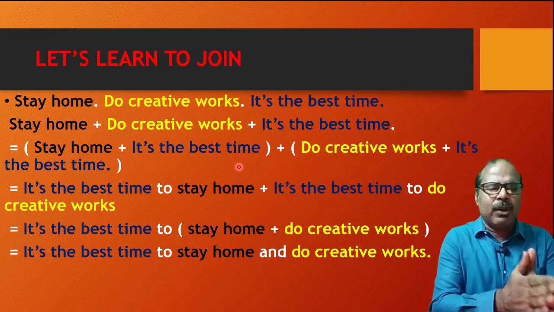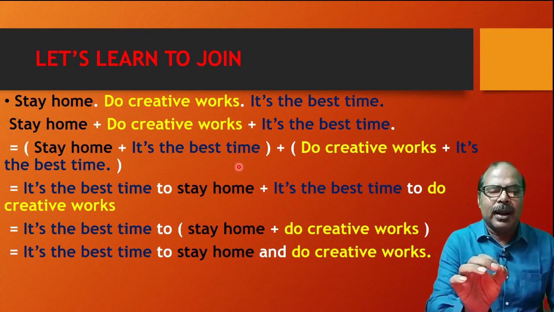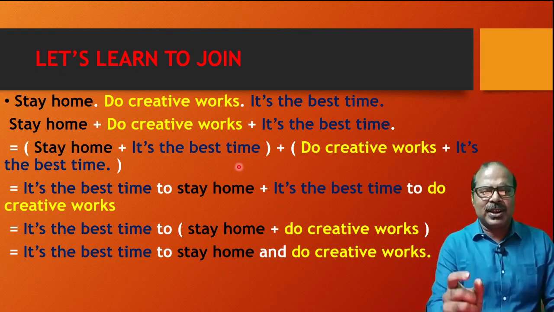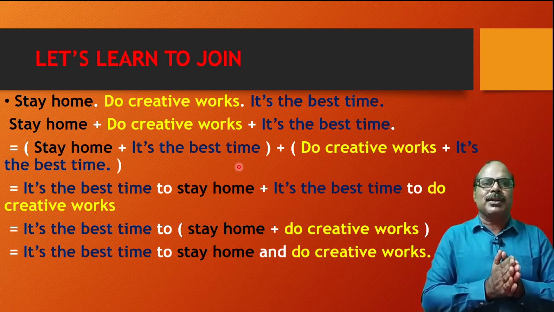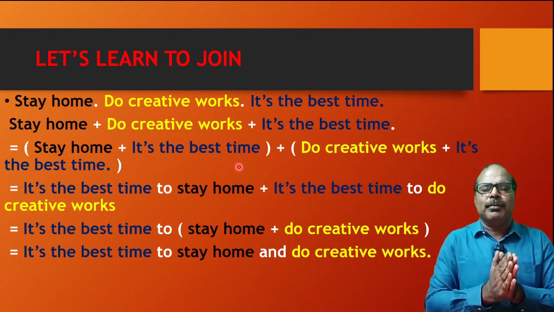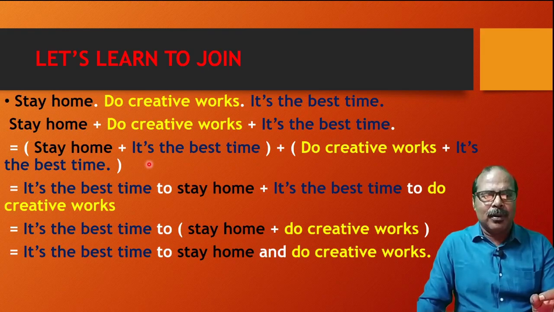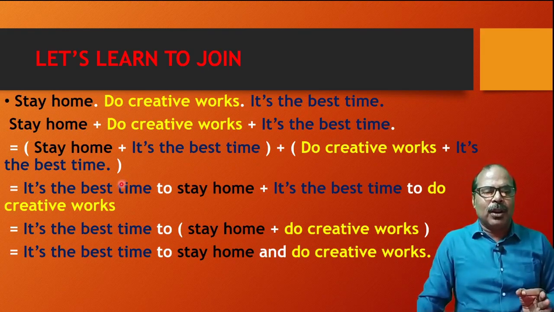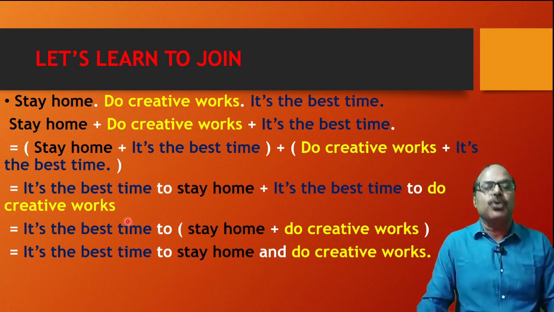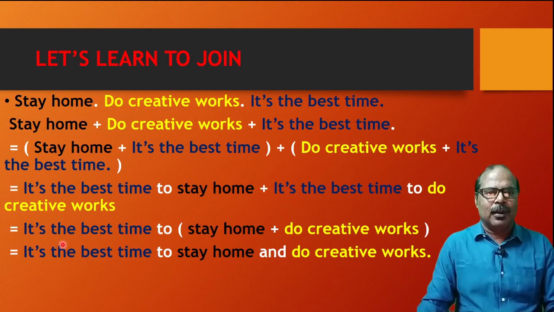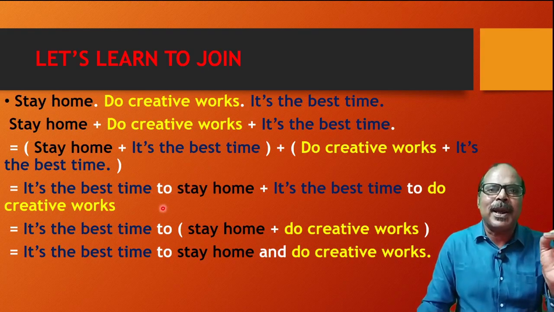এটা যখন প্লাস করলাম ইকুয়ালস টু কি হবে? স্টে হোম প্লাস ইটস দ্য বেস্ট টাইম। এটাকেই দুজনের সাথে জয়েন করছি আলাদা করে। আমি ধরে নিচ্ছি দুটো সেন্টেন্স দেওয়া আছে। তাহলে স্টে হোম, ইটস দ্য বেস্ট টাইম প্লাস ডু ক্রিয়েটিভ ওয়ার্কস, ইটস দ্য বেস্ট টাইম। তাহলে কি পেলাম? ইট ইজ দ্য বেস্ট টাইম টু স্টে হোম, প্লাস ইটস দ্য বেস্ট টাইম টু ডু ক্রিয়েটিভ ওয়ার্কস ইকুয়ালস টু ইটস দ্য বেস্ট টাইম টু, এই পর্যন্ত কমন আসছে। It's the best time to.